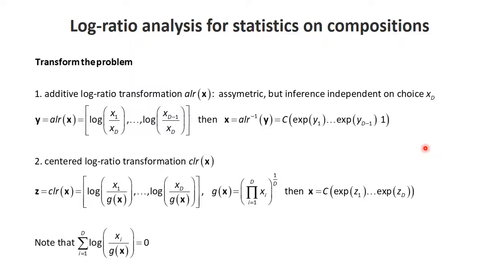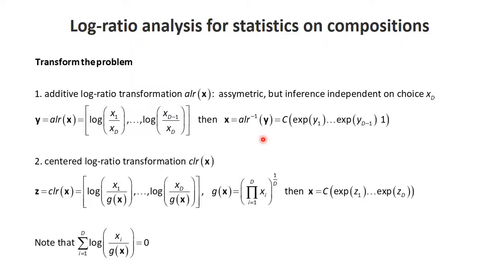There are a number of log ratios available, and the original log ratios proposed by Aitchison are called the additive log ratio transformation and the centered log ratio transformation. In the additive log ratio transformation, we take the log of the parts with respect to one of the particular parts. Here the part x_t is taken as a reference. If you do it like this, then of course we can calculate the inverse ALR and go back to the original composition.